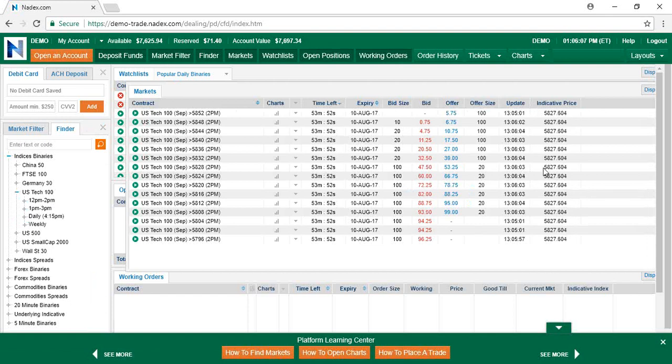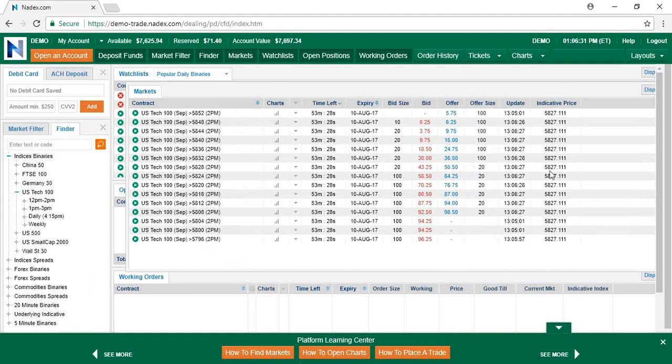Right here, the indicative price is 58.27. Now notice on these different binary strikes here, we've got binary strikes from 58.52 all the way down to 57.96. Notice they're 4 points wide, right? And price-wise, we've got anywhere from $5 a binary up to $99 for a binary, okay?